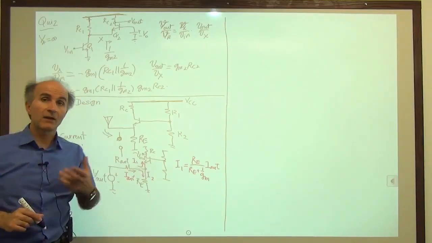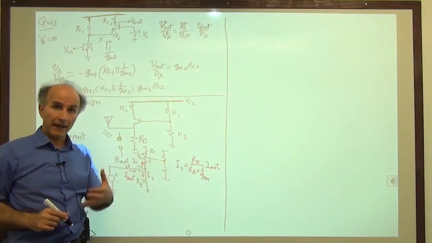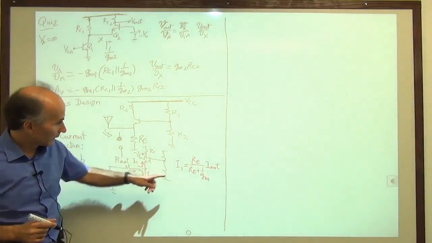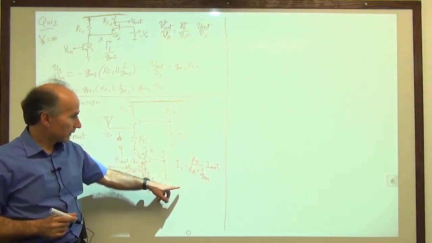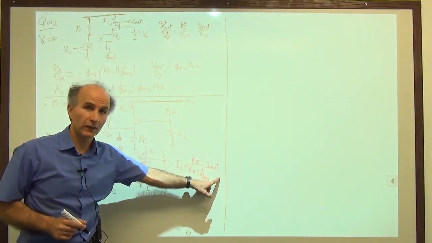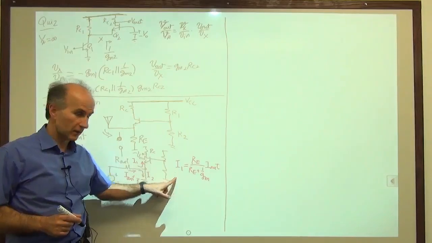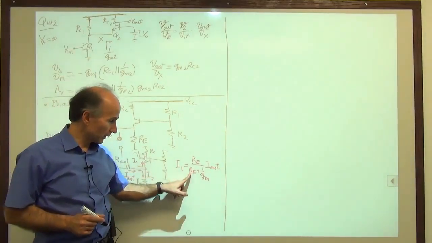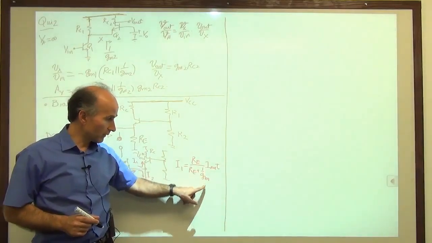So I1 is the desirable current. We want to maximize it. I2 is the undesirable current. And what this equation tells us is that the best we can do is try to make this 1, so that all of the antenna current ends up being I1. All of the antenna current goes that way. And for that to happen, RE must be much greater than 1 over GM.